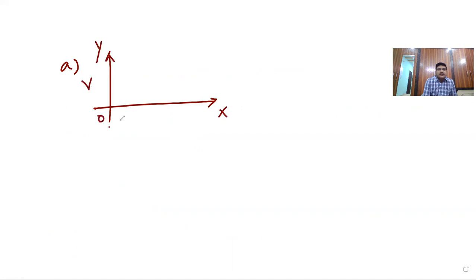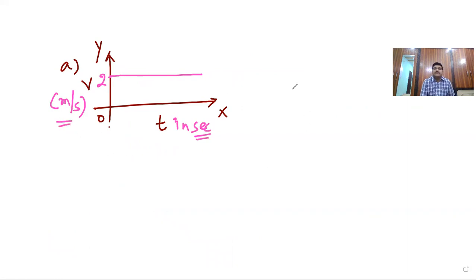Velocity is on the y-axis, time is on the x-axis, and the graph is a straight line parallel to the x-axis, at 2 meters per second. Velocity is in meters per second, and time is in seconds. This is the first option.